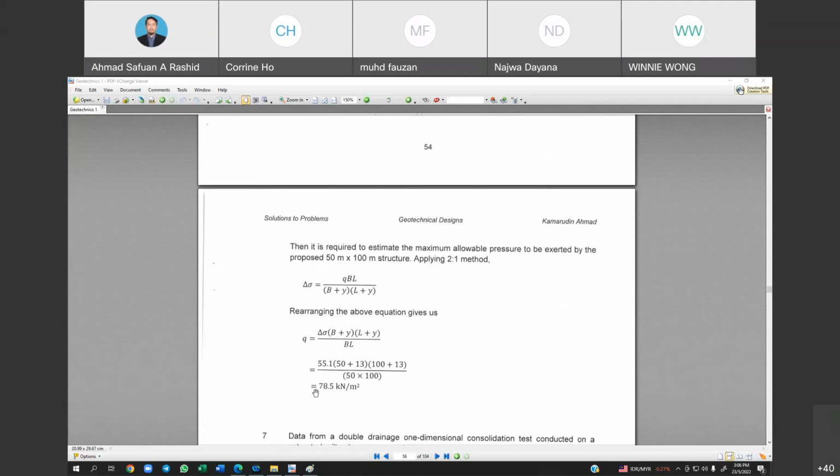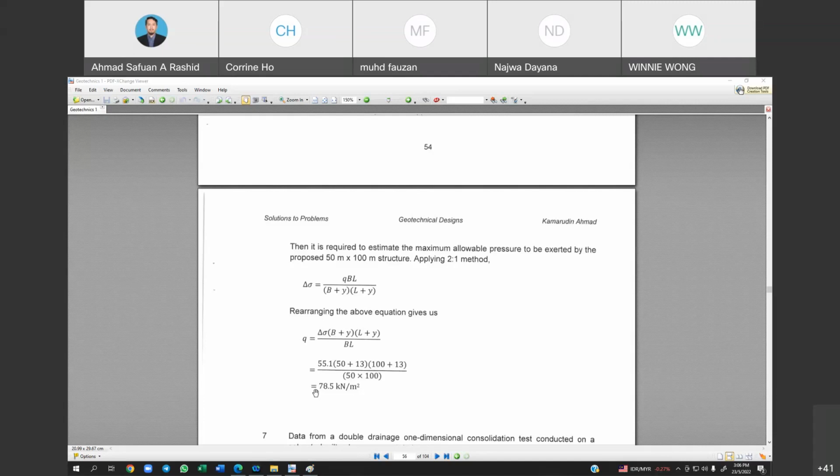Ada soalan? Kalau awak faham yang ni, memang awak faham semua lah. Senang lah. Okay, faham eh? So awak dah faham the concept of normally consolidated and over consolidated. So how we apply this concept in the settlement calculation.